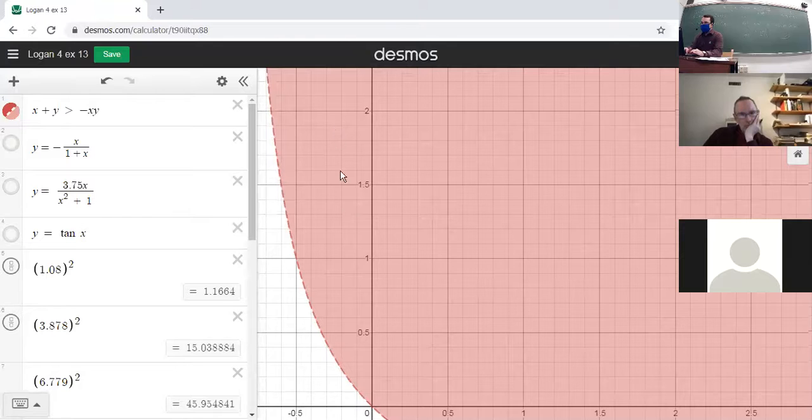So you've got this region bounded by the dotted line and the x-axis and the y-axis. So you're in this little region. That's where vector A can live. And I'll sort of indicate it here.